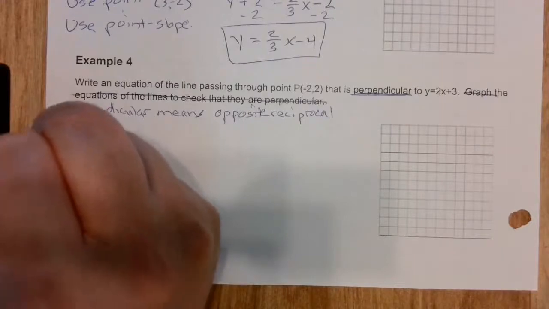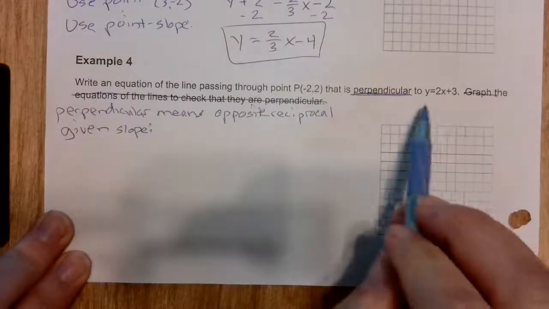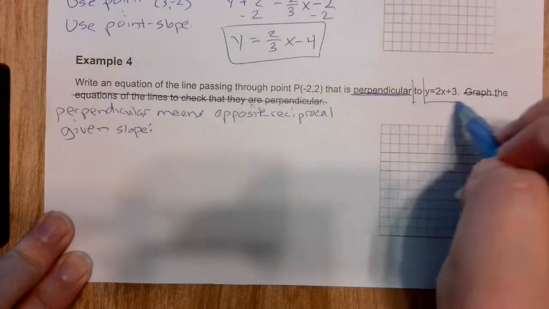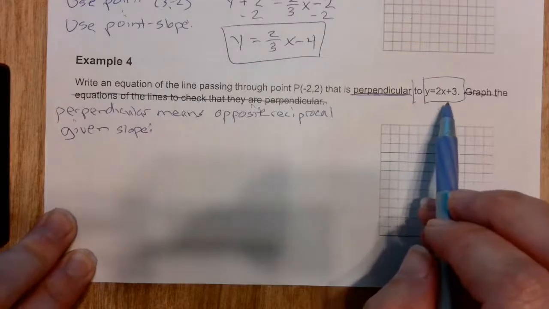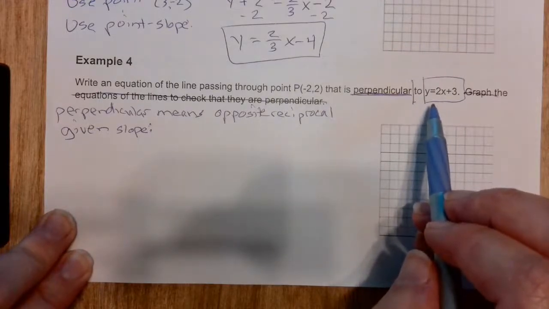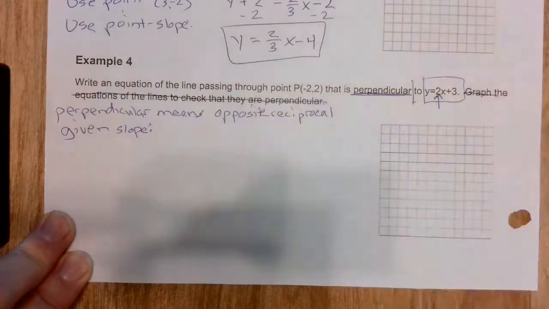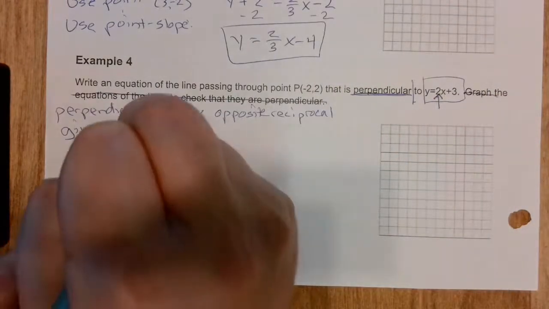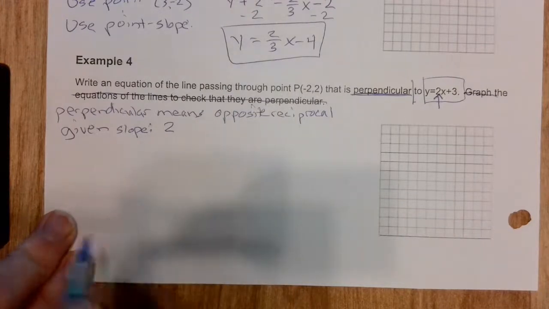So the given slope. What slope did they give us in this equation right here? The slope is the number between the equal sign and the x. That's the 2. So use slope 2. Sorry, the given slope is 2.